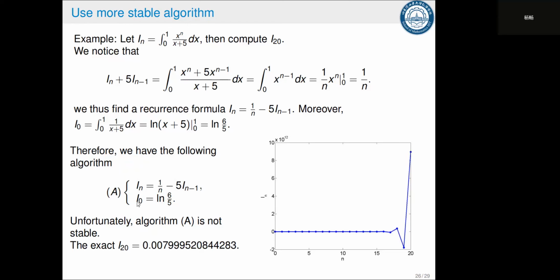If you substitute I_0 here, with n equal to 1, you can get I_1 equal to 1 over 1 minus 5 times I_0. And you can continue. You substitute I_1 here, and then you get I_2 and so on.